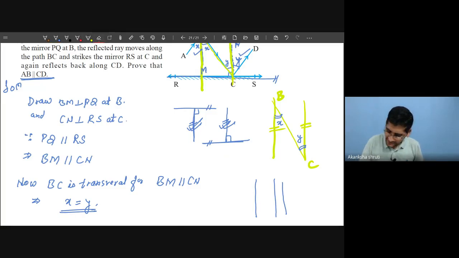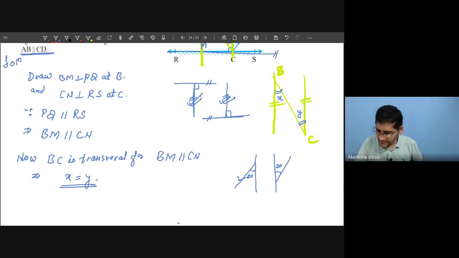If one line is making some angle here, say 20 degrees, and the other line is making the same 20 degrees in this direction, will these two lines be parallel or not? Yes, they will also be parallel.